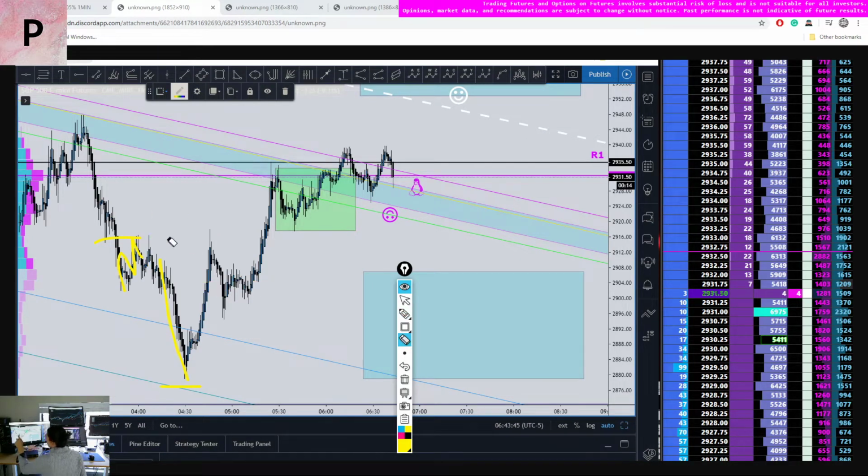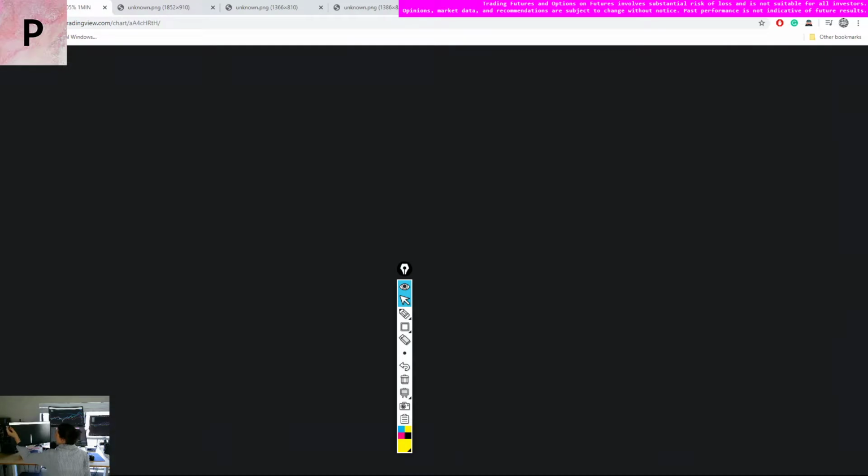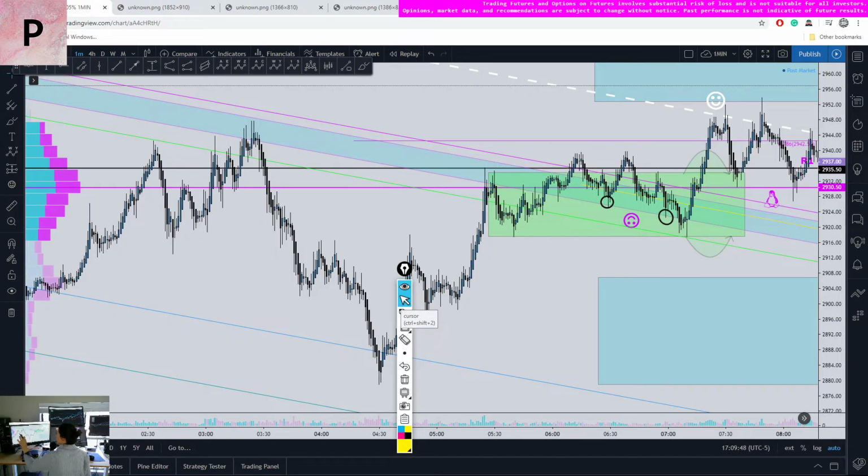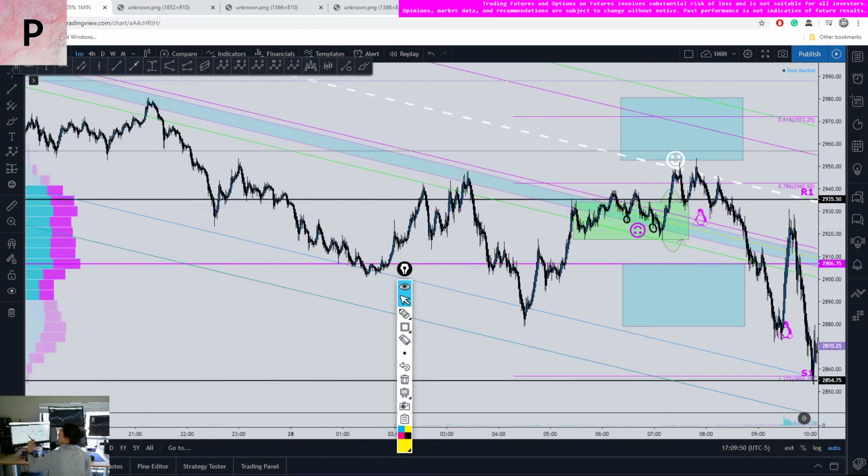So this is me early on in the morning identifying value and levels. But the key is to have clearer guidance in how you're getting those levels, and support and resistance sometimes isn't enough. So in this instance, I used a pitchfork, Andrew's pitchfork, on the current price action.